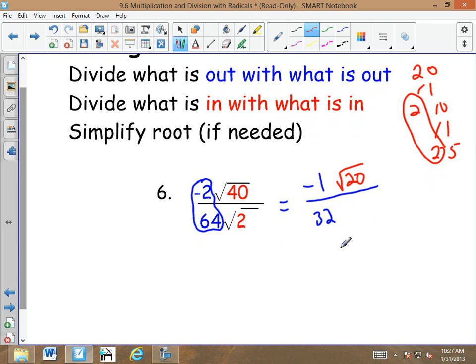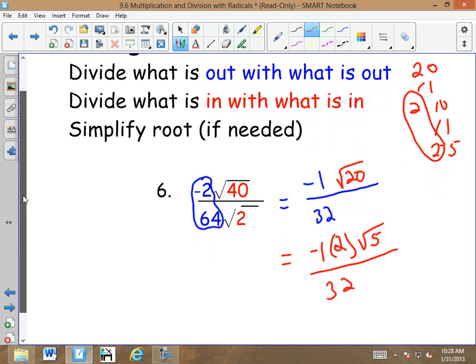So now I have, this equals negative 1 times 2 times the square root of 5, all over 32. Because these two 2's come out, and then you multiply it by negative 1.